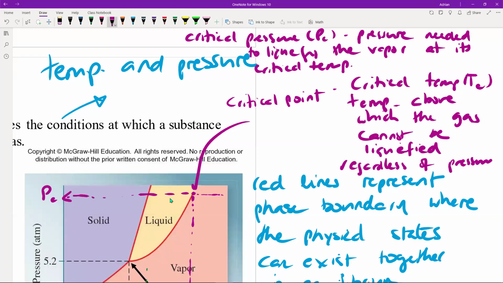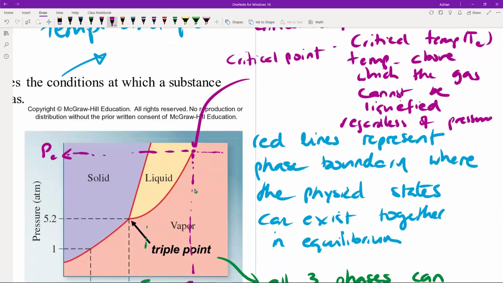So the reason why this is important is because at temperatures above the critical temperature, in this region over here, there really isn't any distinction between the liquid and the gas. All we have is just a fluid, and a fluid that is at a temperature and pressure that is above the critical temperature, above the critical pressure, we refer to that as a supercritical fluid.